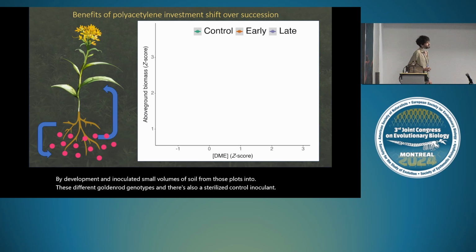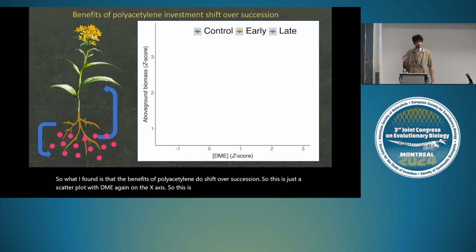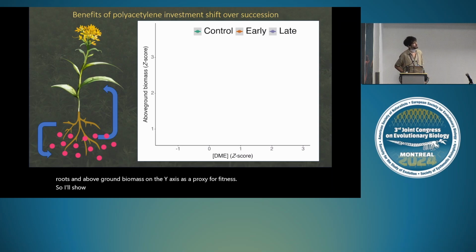What I found is that the benefits of polyacetylenes do shift over succession. This is a scatter plot with DME again on the x-axis, the major polyacetylene in goldenrod roots, and aboveground biomass on the y-axis as a proxy for fitness. I'll show you the results first from the sterilized microbial background.